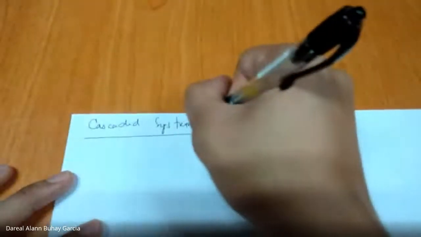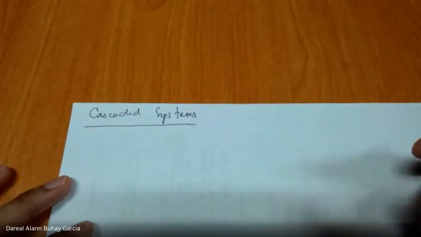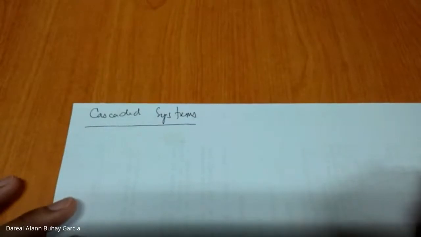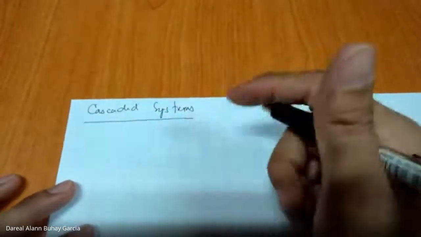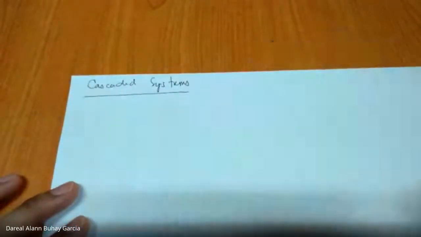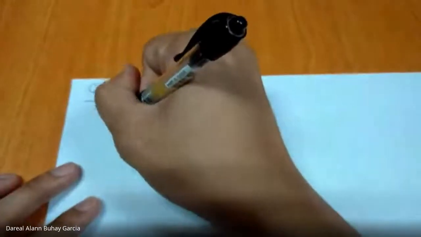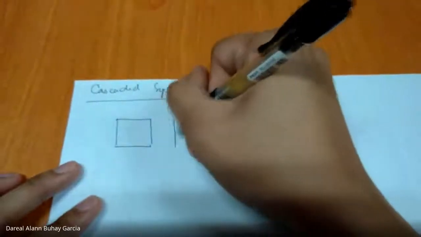What do we mean by cascaded systems? These are systems that are connected to each other. We could not say series, because technically it is not in series, but when connected like this, it is called a cascade. It is in Figure 5.67 in the book, but for those who cannot refer to it, here it is.